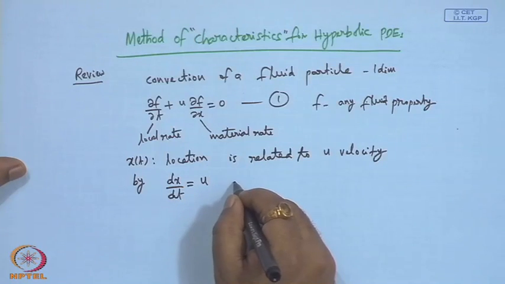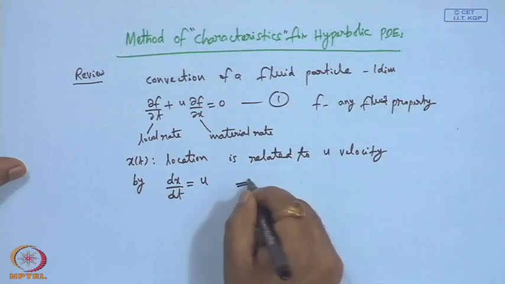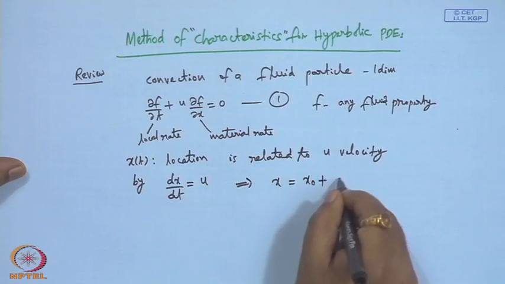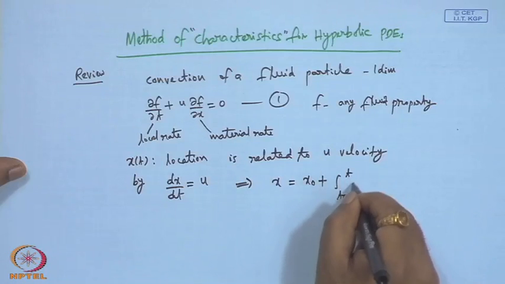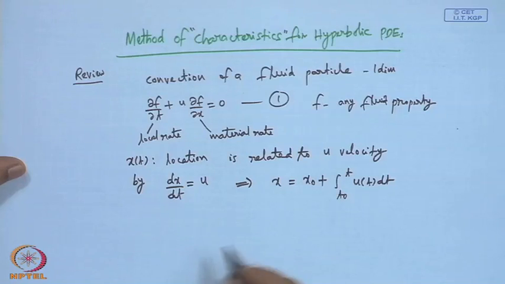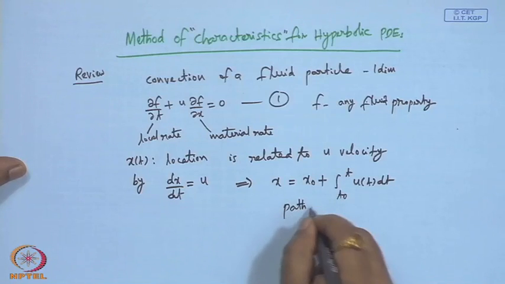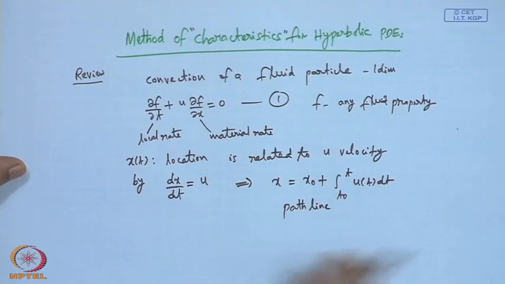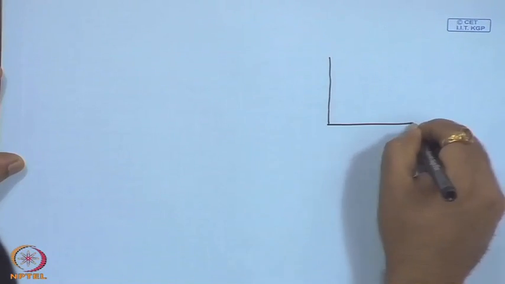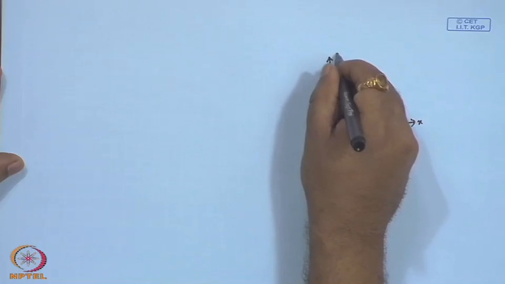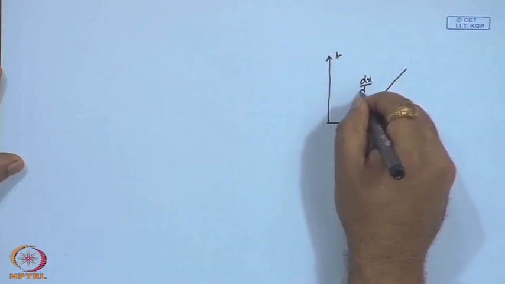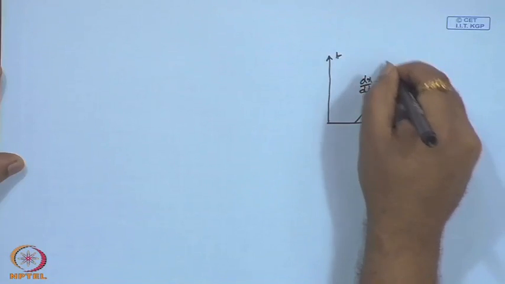One can integrate this and obtain the path line. Here in x-t space, these are the lines and this is the path line.